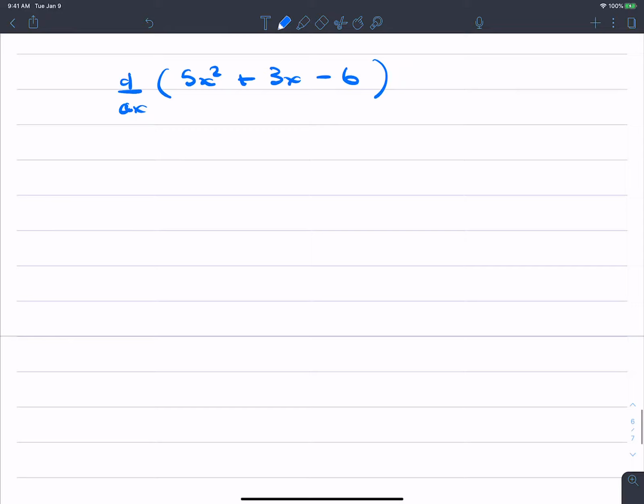We're using properties. Derivative of a sum and difference is the sum and difference of derivatives here. That's a minus.